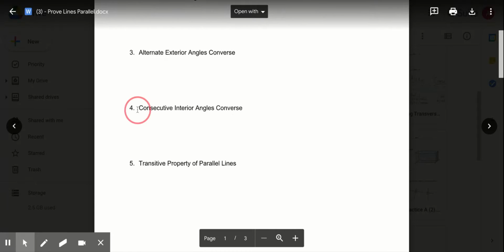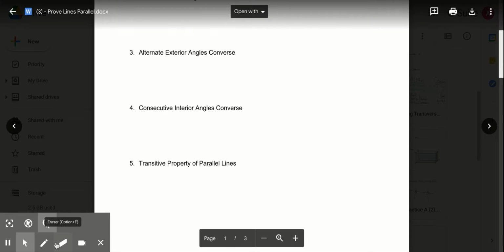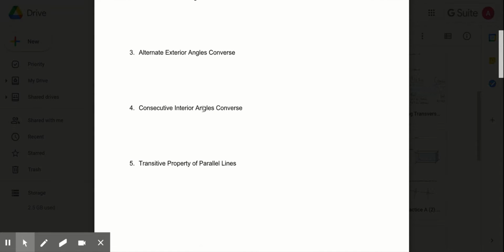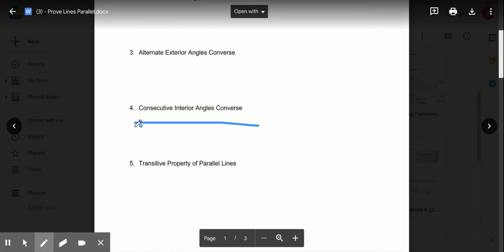For consecutive interior, you would have to be careful because with consecutive interior, do you need them to be the same as each other? No, you need them to add up to 180 degrees. So this time it would not be about them being the same. They wouldn't be the same.